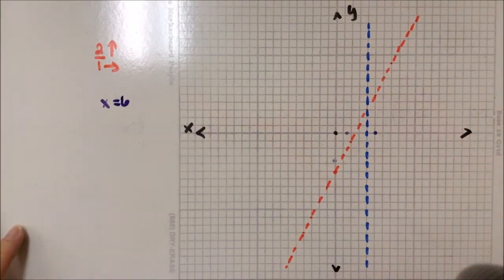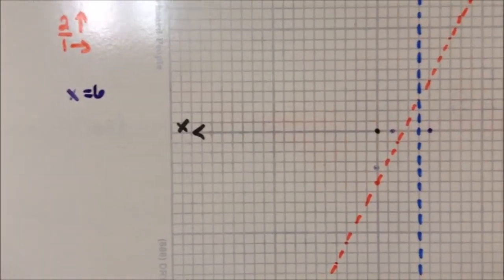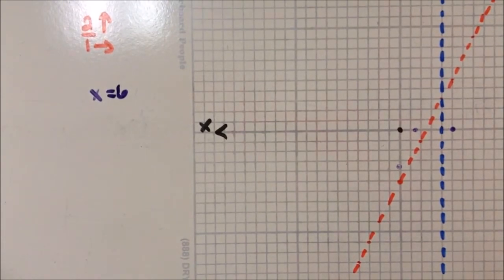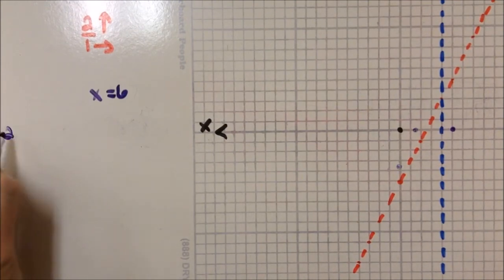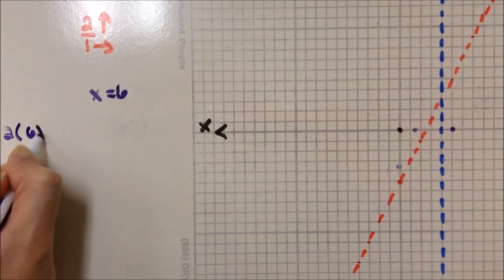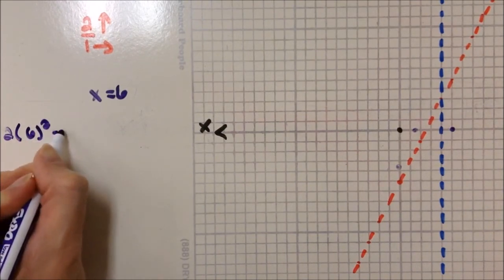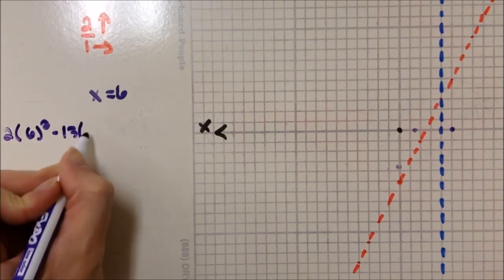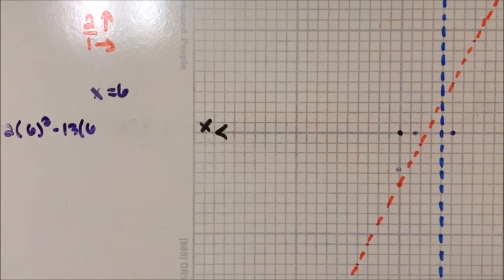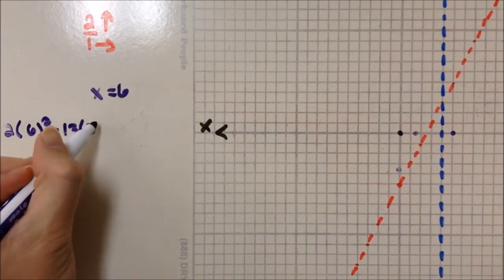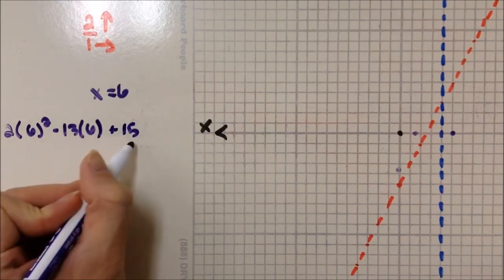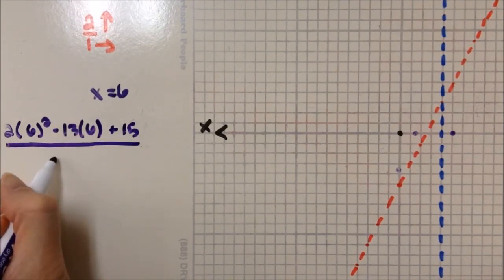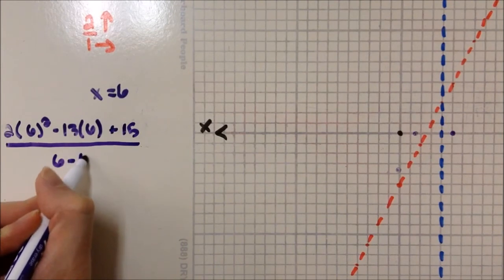So all I'm doing is just going to plug in the original function, 2x squared minus 13x plus 15 over x minus 4. So 2 times 6 squared minus 13 times 6, alright, close parenthesis, plus 15 over 6 minus 4.